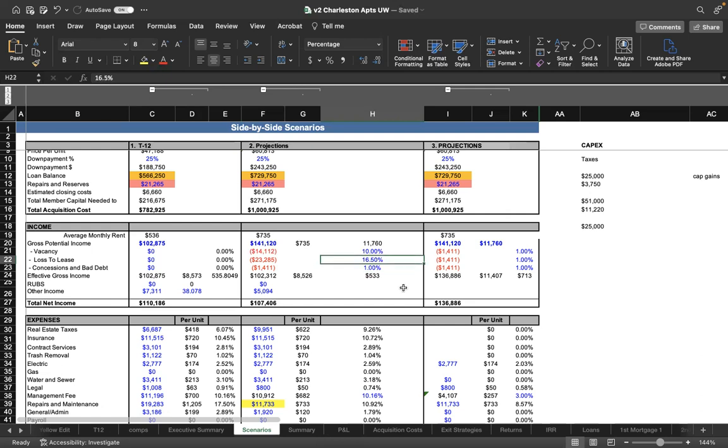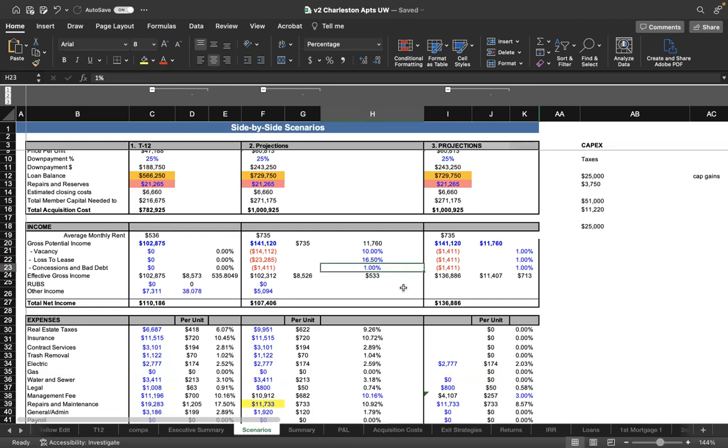We're projecting a 16.5% loss to lease, and that's based on where the property sits today. Of course, that's going to change over time, and we're going to dial that in. So concessions: say a resident rents at $1,000, but we say if you sign up in January, we're going to give you $200 off your first month's rent.